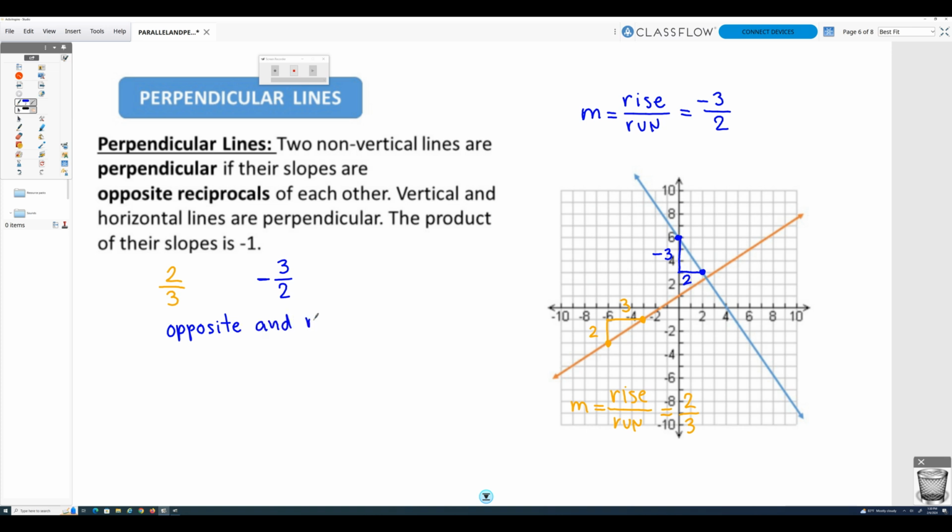To be perpendicular lines, both conditions must be satisfied. It is not enough being opposite or only being reciprocals. If only one condition is met, they are not parallel, nor perpendicular, but neither.